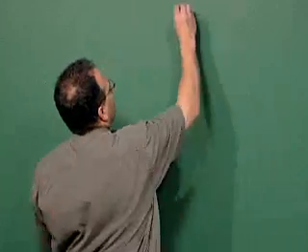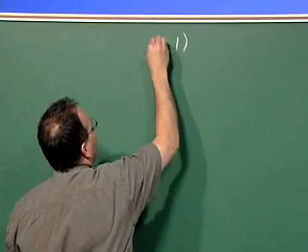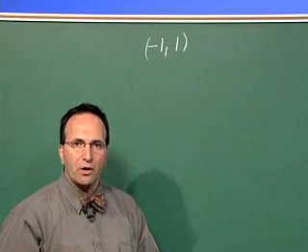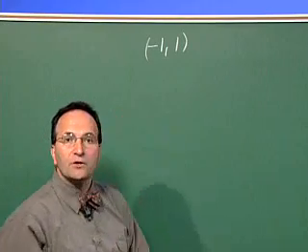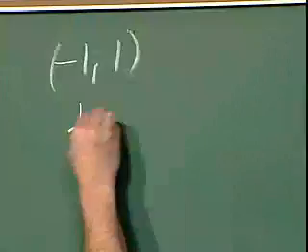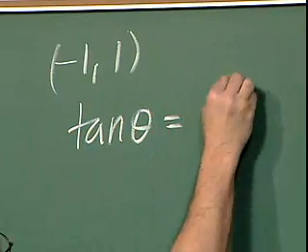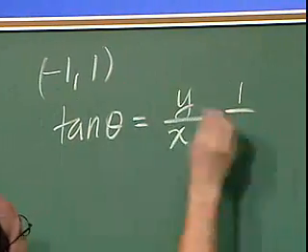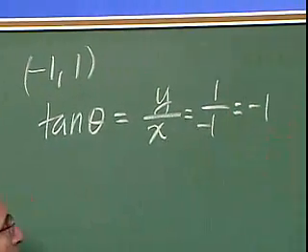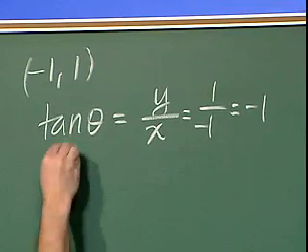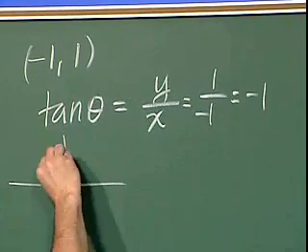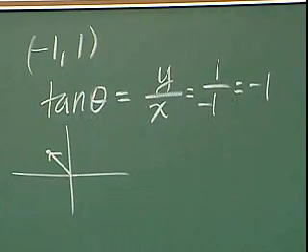What about part B? Part B was to take the coordinates -1 comma 1, which are rectangular coordinates, and find 2 sets of polar coordinates. So to do that, we use tan theta equals y over x, which in this case is 1 over -1 or -1. We should all recognize, of course, that the point -1, 1 is over here in the 2nd quadrant.